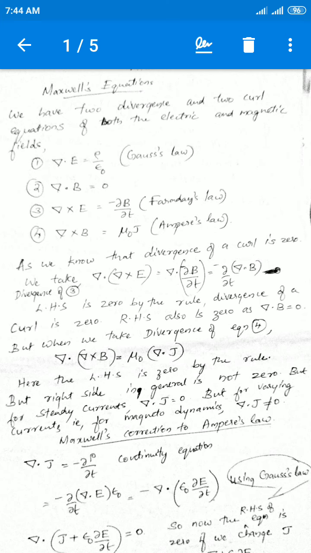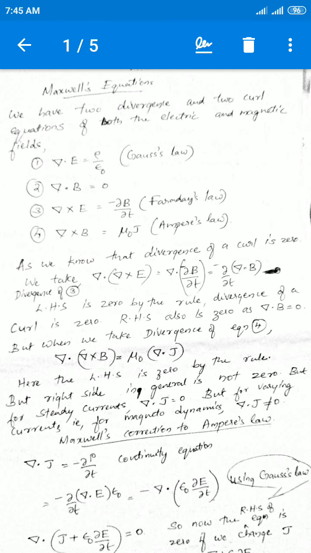But on the right hand side, we cannot say that del dot J is always 0. The right hand side in general is not 0, but for steady currents del dot J is 0. But for varying currents, we don't know whether it is 0 or not. So del dot J is not equal to 0 for magnetodynamics, that is, for varying currents.